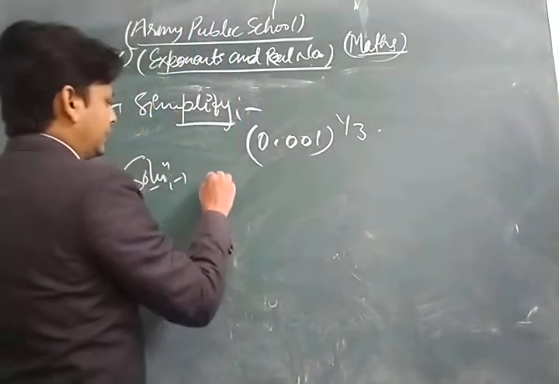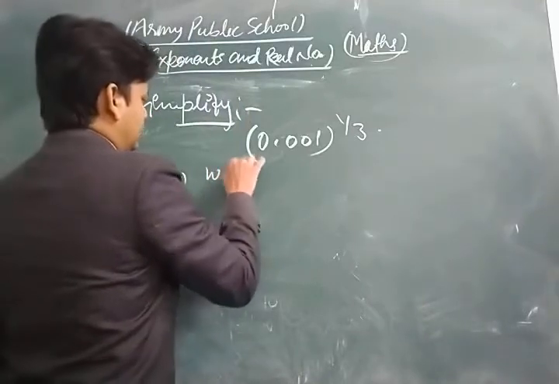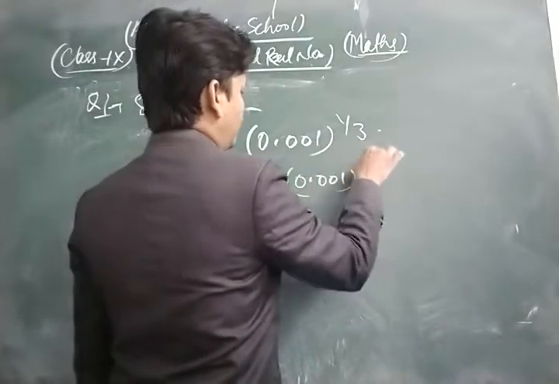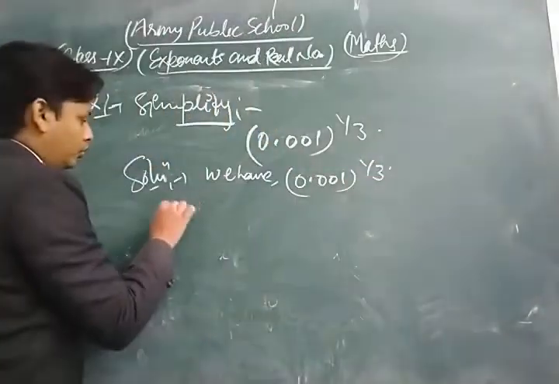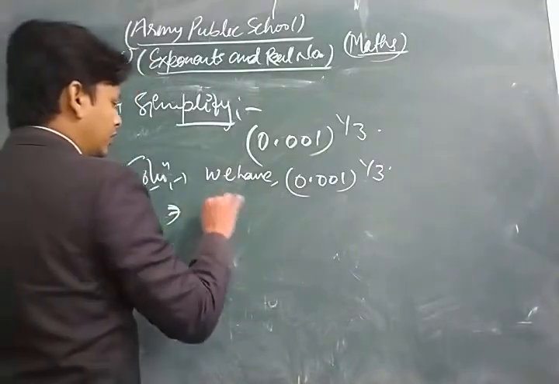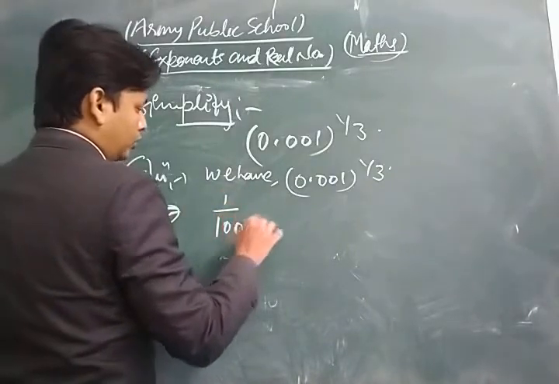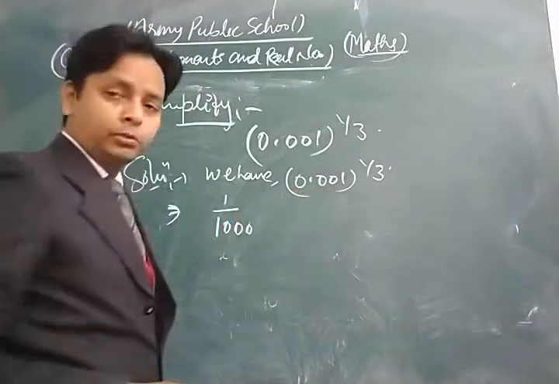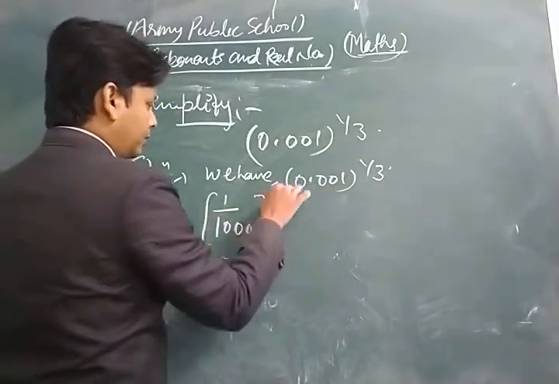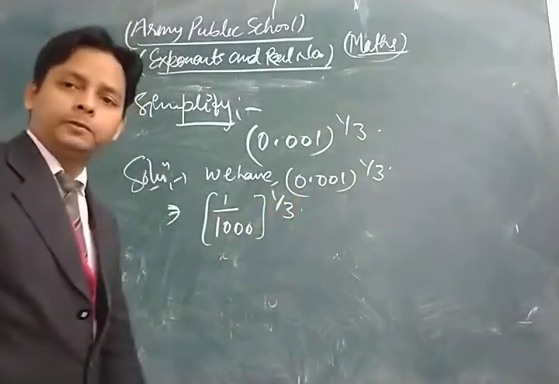So first of all we can write, we have 0.0012 whole power 1 by 3. So dear friends, we can write the given expression in this way, 1 upon 1000, because the decimal shifts 3 positions left. So we can write 1 upon 1000 to whole power 1 upon 3.